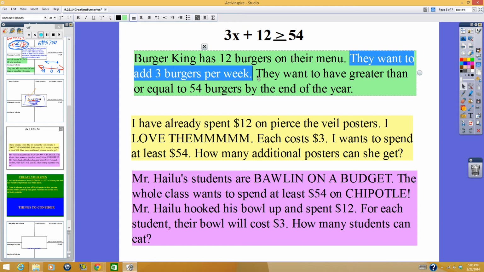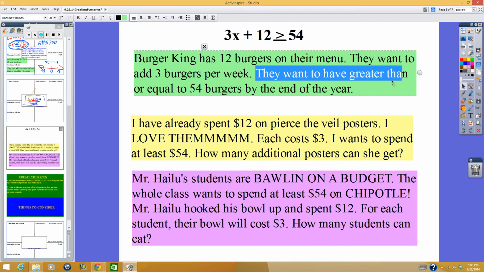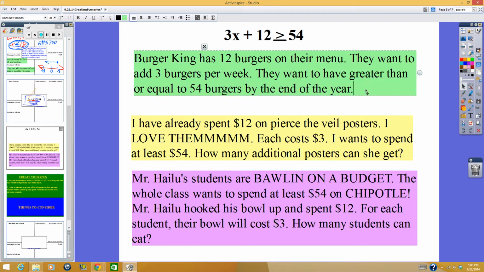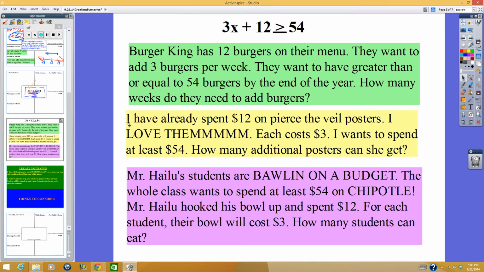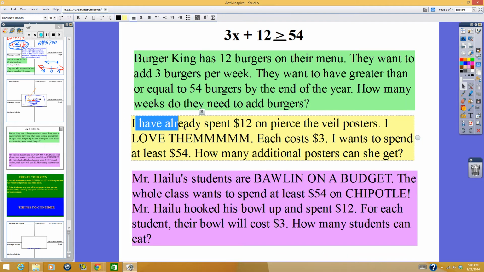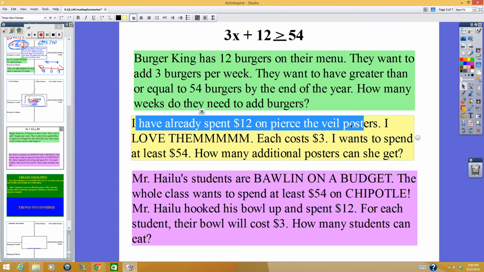And they want to have greater than or equal to 54 burgers by the end of this year. To make this perfect, I would add: how many weeks do they need to add burgers? That is perfect.